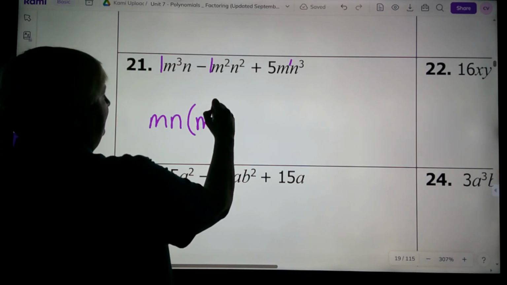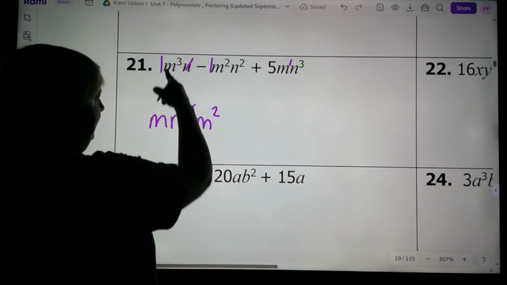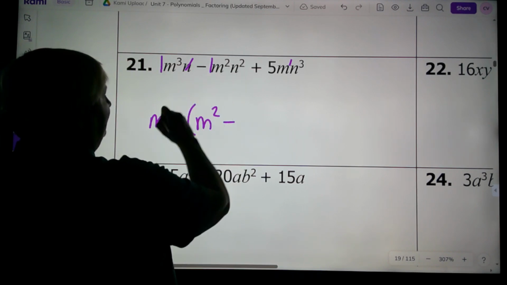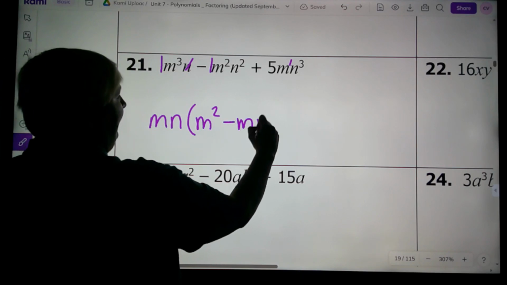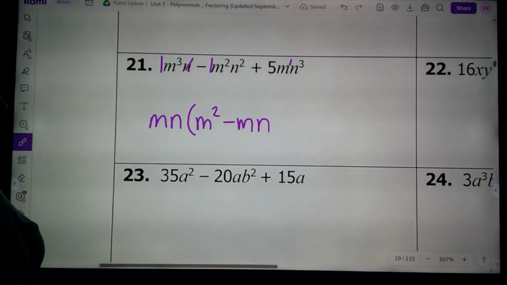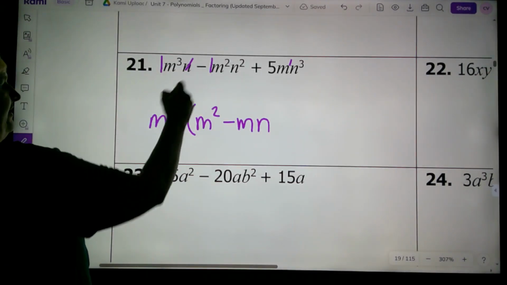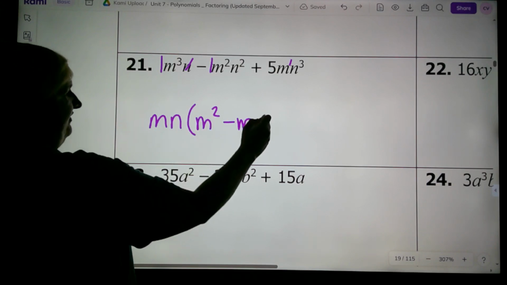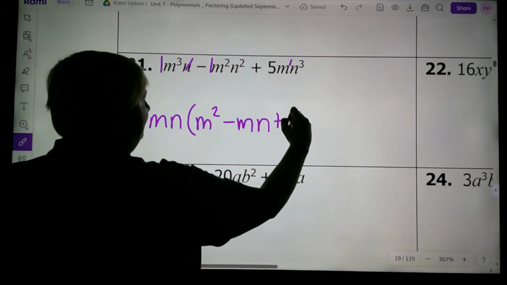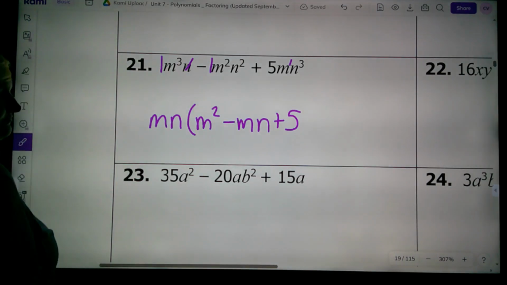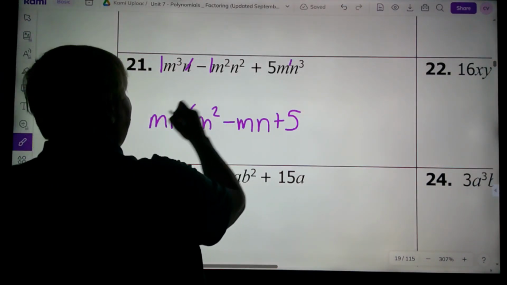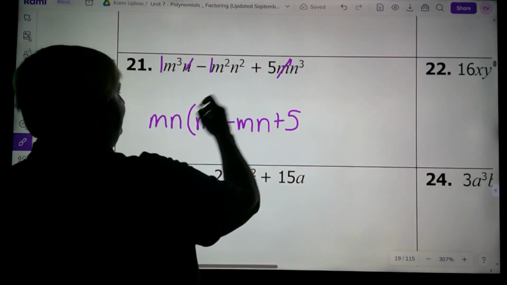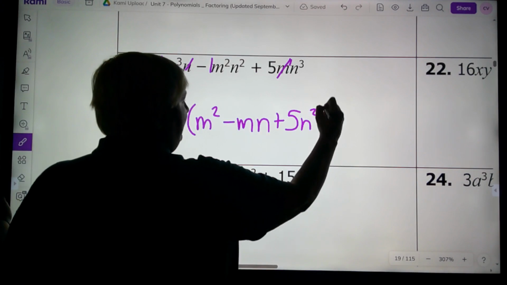N cancels on this one and becomes M squared on this one. Then it becomes M, N in the middle, right? Because 2 minus 1 is 1. 2 minus 1 is 1. And then we have our 5. We have the M here and the M here that cancels. And then we have N3 and N1, so we're left with N squared.